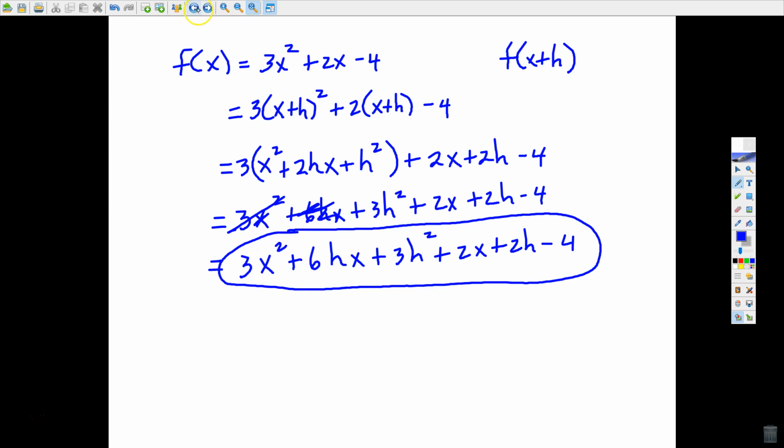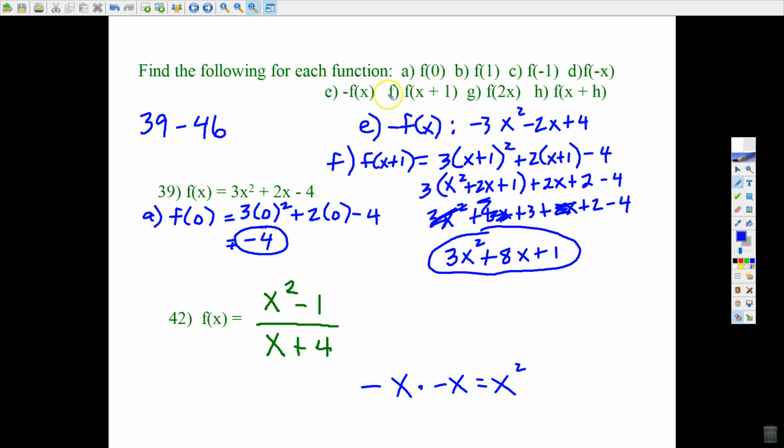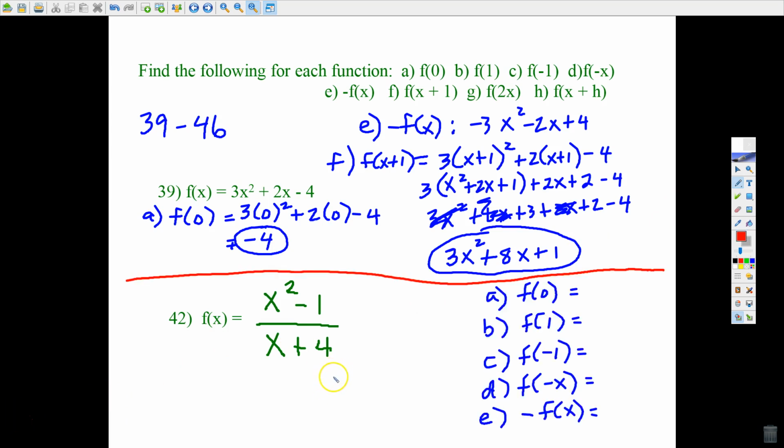So you get the idea of inputting each one of these into the function and several different answers for these. I want you to work on number 42, all the parts, and then we're going to come back in just a minute and see what you got. Okay, so Andrew, what'd you get for f of 0?